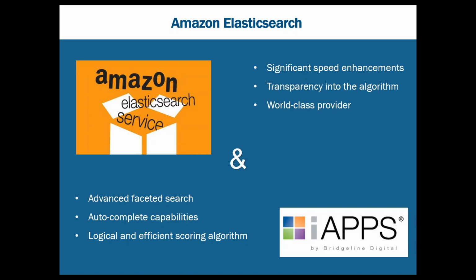Elasticsearch extends the powerful Lucene search tool, which is the most powerful information retrieval software in the world. This combination brings world-class search capabilities as an option within the iAPPS search framework.